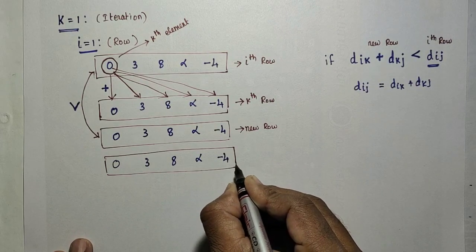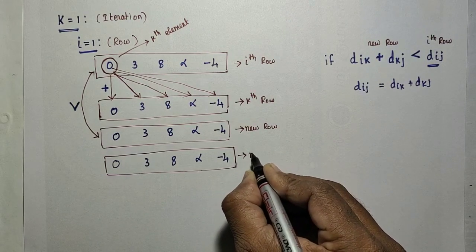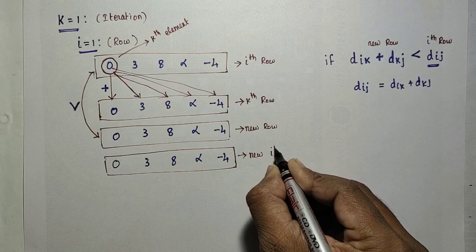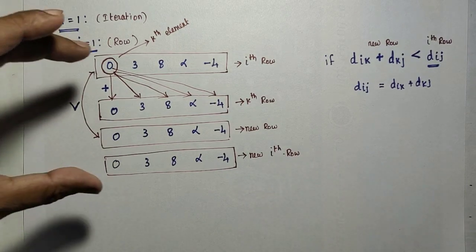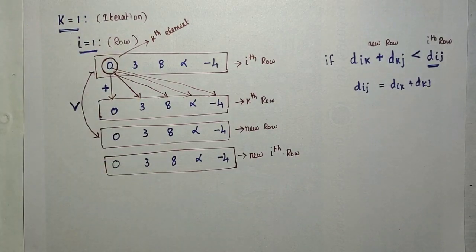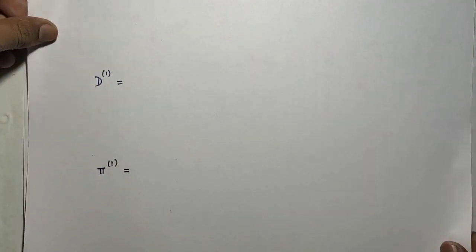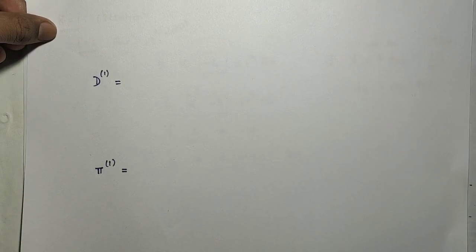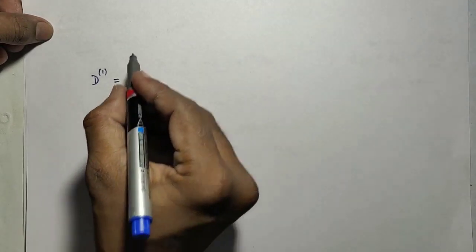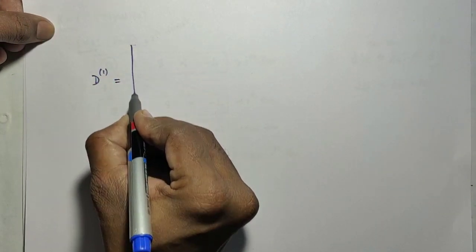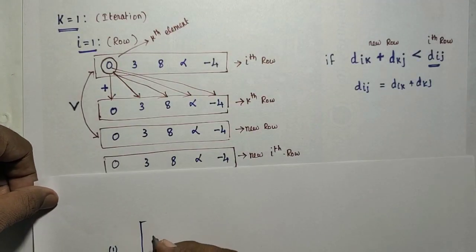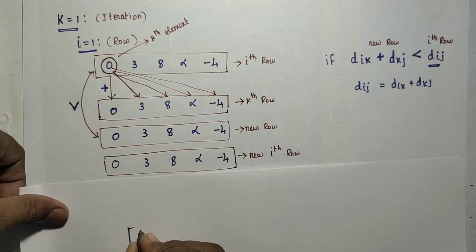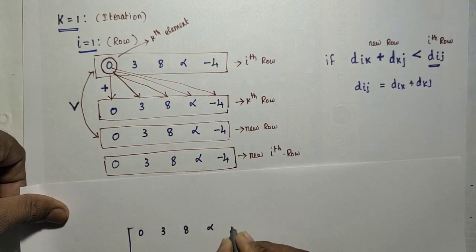So this is the new ith row, which needs to be copied to this element. Okay, so we got the next version of d. I need to copy this new ith row as 0, 3, 8, infinity and minus 4.